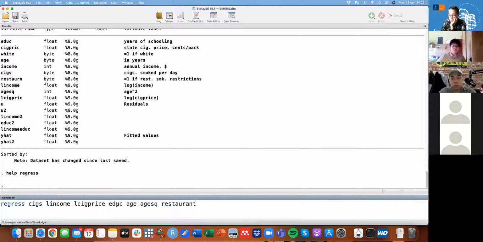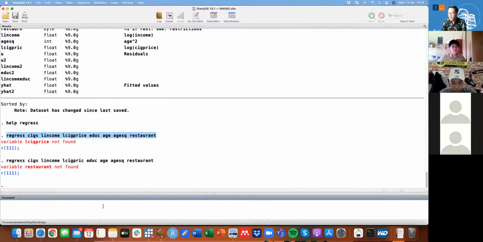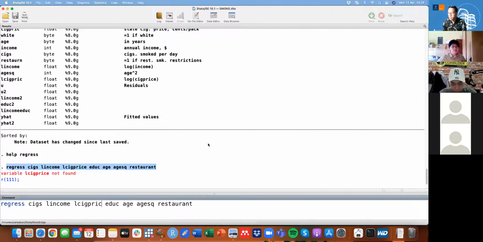Basically this is the regression. Oops, let me just do this again. Stata is very sensitive to the name, so it's actually not the name I typed, but just restaurant. Hopefully I get this one right.